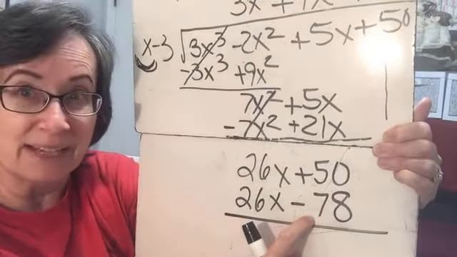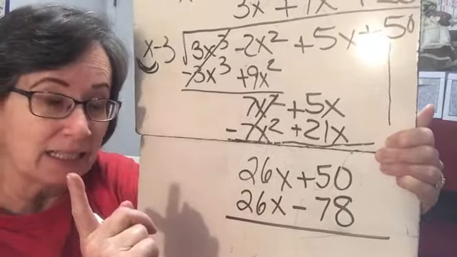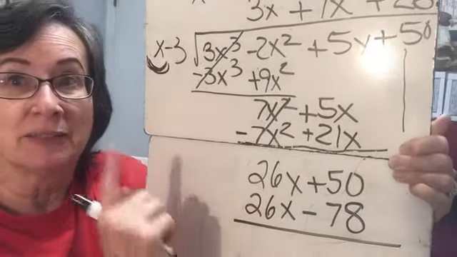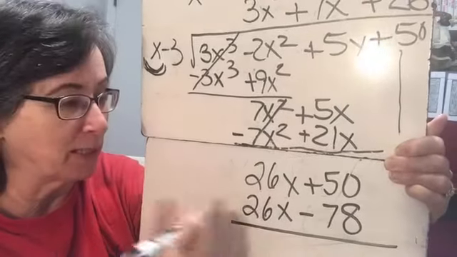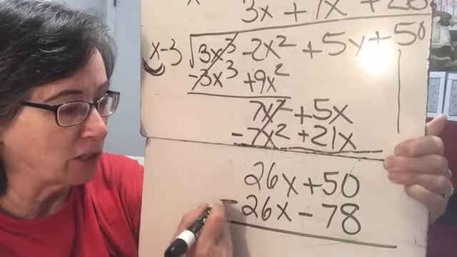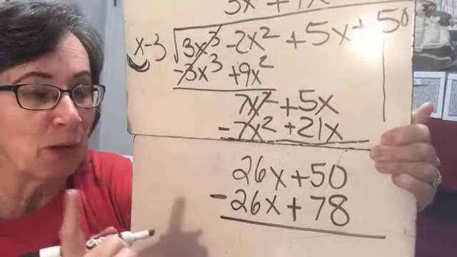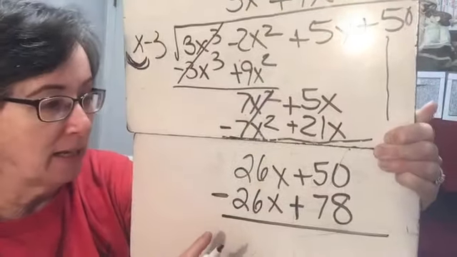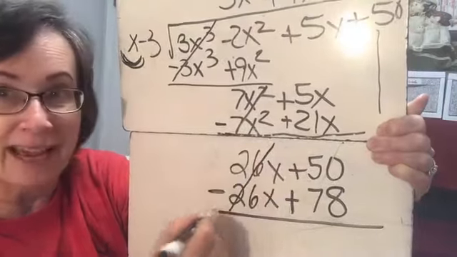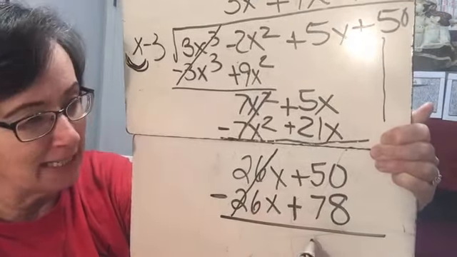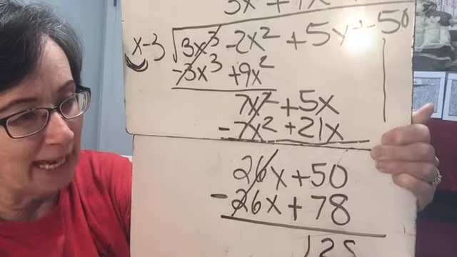So that's a negative 78. But remember that we're subtracting. Divide, multiply, subtract. When we're subtracting, subtraction is addition of the opposite. So I change both of the signs. And then this goes out. That's my check. And then 50 plus 78 is 128.